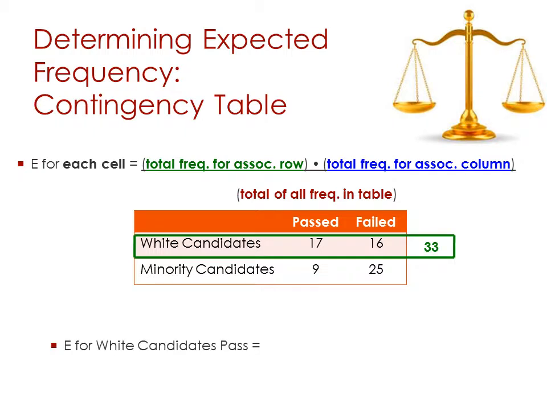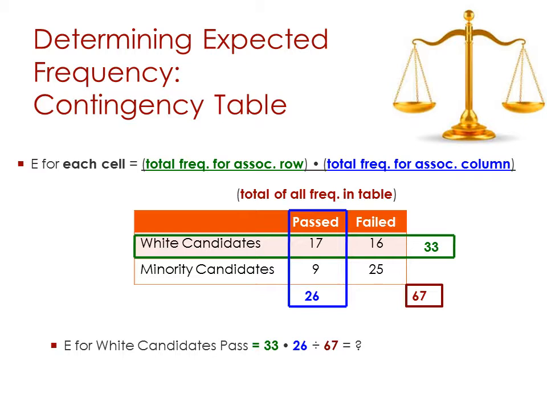So let's look at the expected value for white candidates who pass. We see here that our total frequency for the associated row is 33. Our total frequency for the associated column is 26. And you see I've added up the total number of frequencies here. We have 67 people in the set. So my expected value for white candidates passing is going to be 33 times 26 divided by 67.